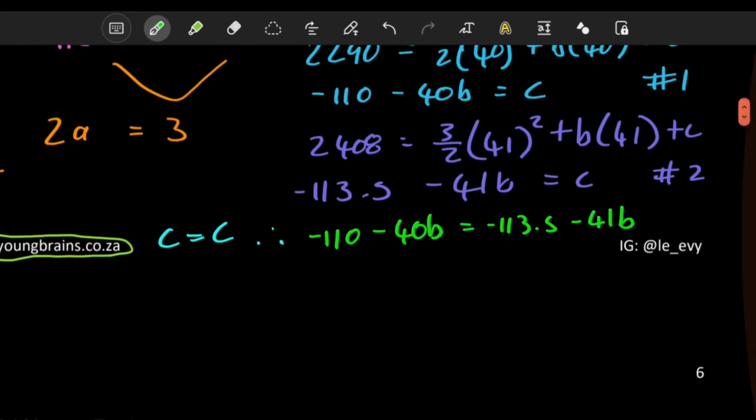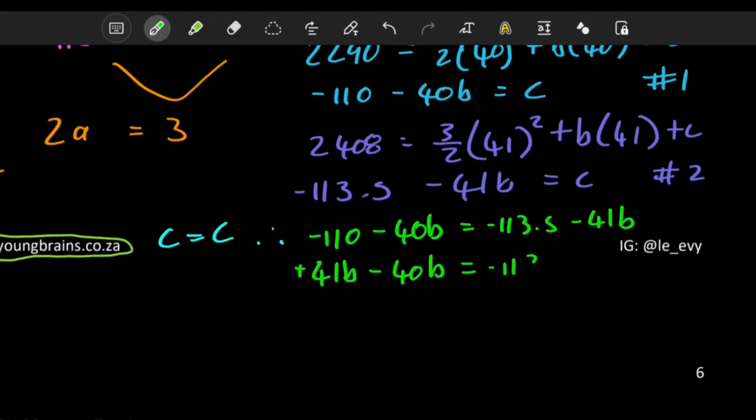41b. Let's see, getting b here, you may want to take everything to one side, so it's easier to take the -41b over so that you end up with a positive number. Then this number you can take to the other side: negative 113.5, you're going to add 110.